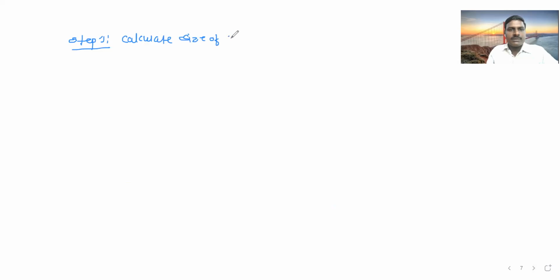Calculate size of weld. Sir, if we directly do step 3 and step 4? Yes, no problem. Directly, if you write step 3 and step 4, no problem. In examination, you have to directly solve these steps. But as a procedure, everyone is here learning, that's why I am following all these steps.